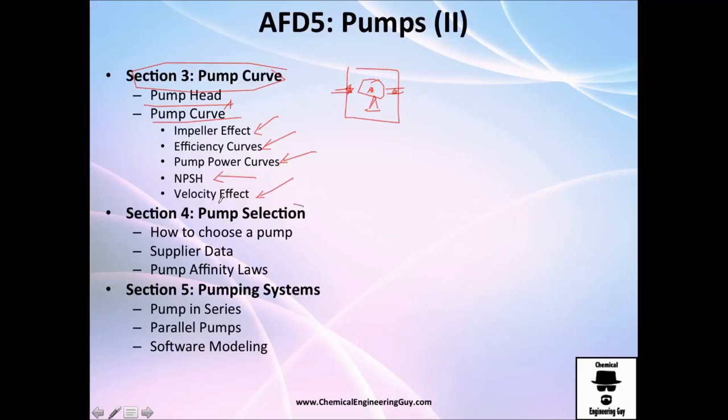And then finally we can see what's the best pump to choose. How to choose a pump, supplier data commonly added, and affinity laws, because many times we're going to have a diagram which is not complete, but with these laws we will be able to calculate a point not included in our diagram. Then pumping systems, pumps in series and parallel, and common software used to model pipes and pumping systems.